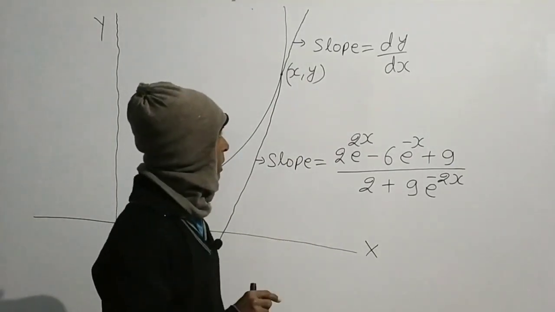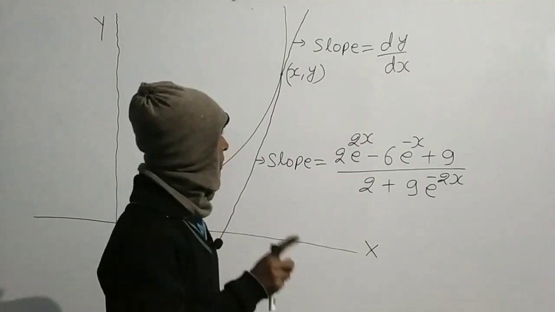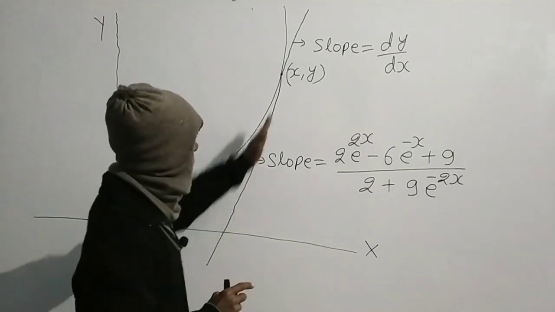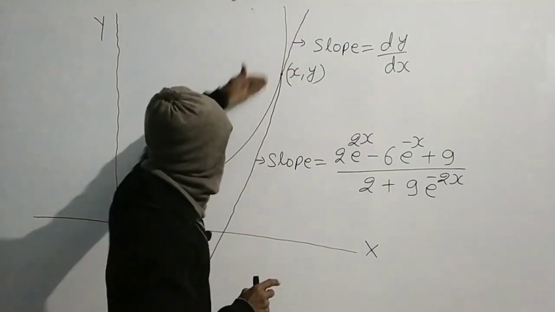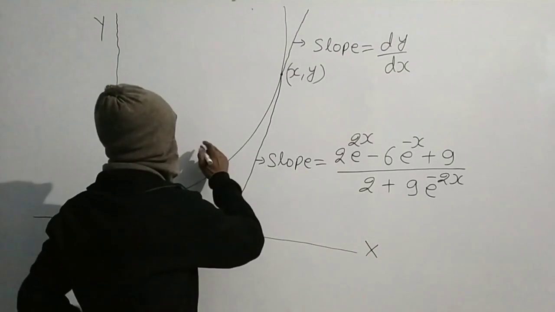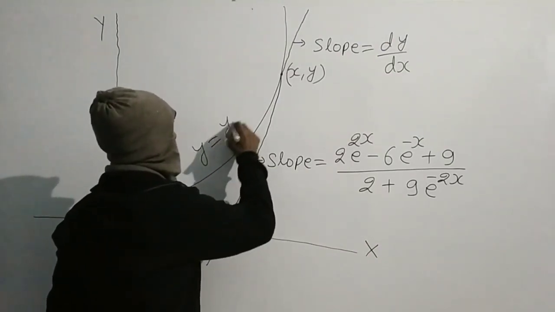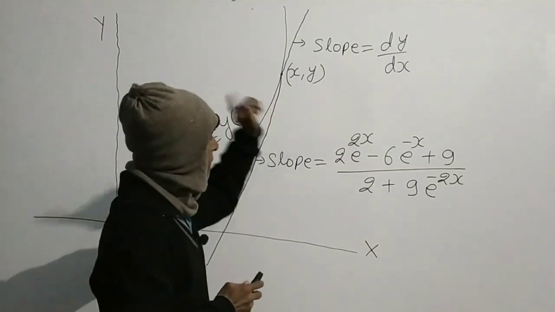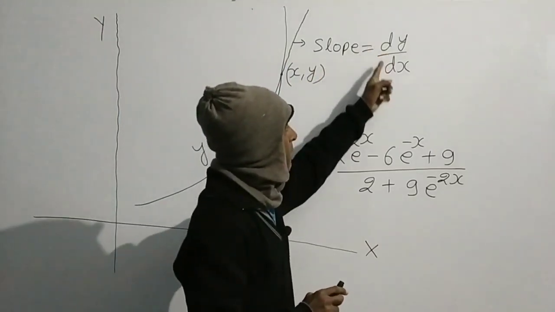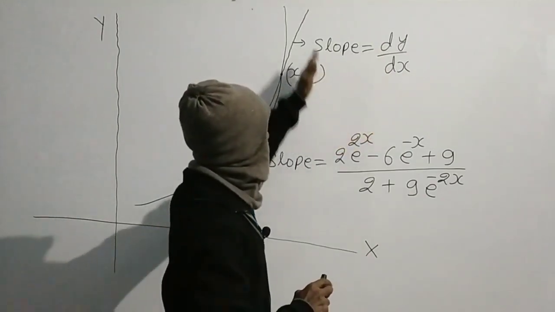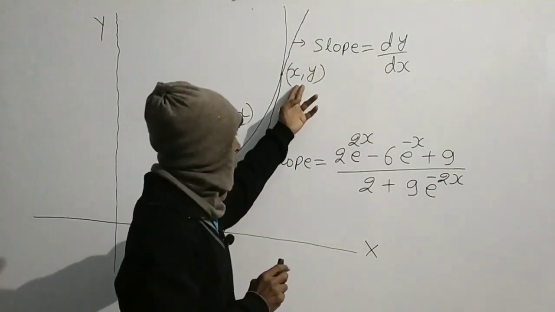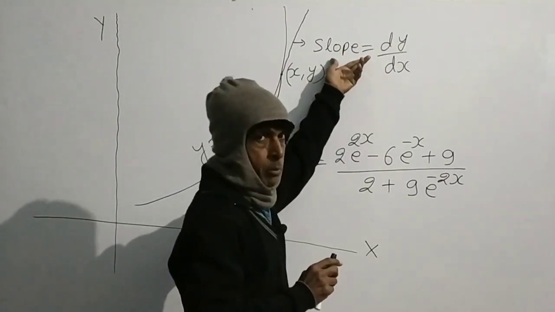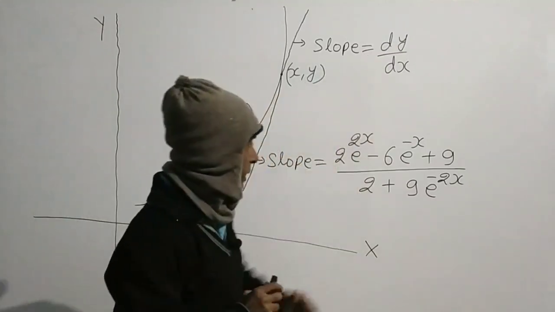In that chapter, you have to read that the slope of the tangent to any curve y = f(x) at the point (x, y) is given by dy/dx. That means the slope of the tangent at point (x, y) is dy/dx, which is our formula from that chapter.